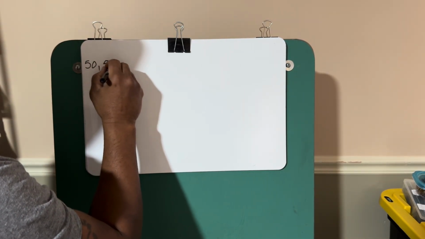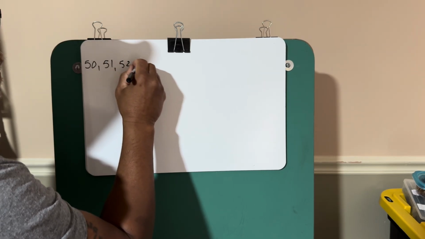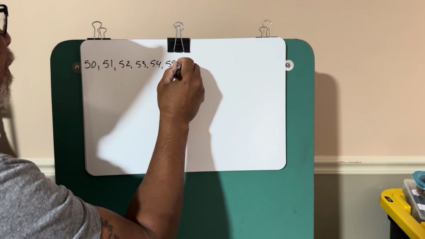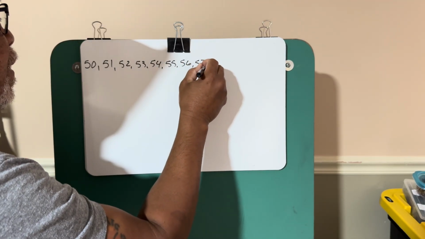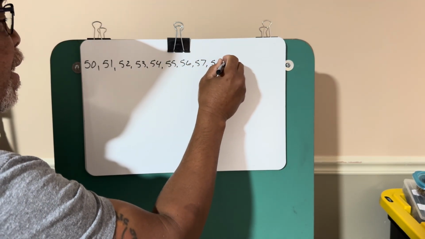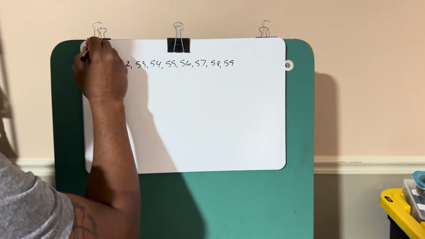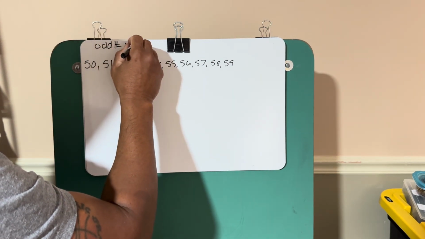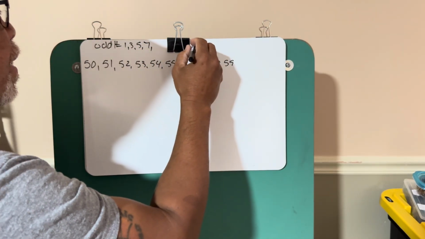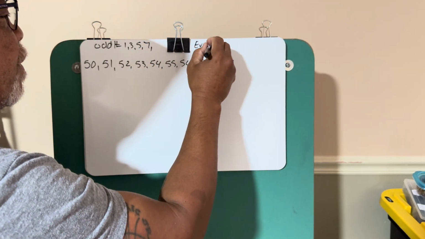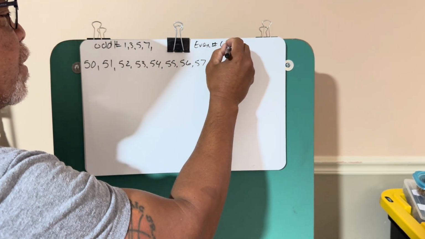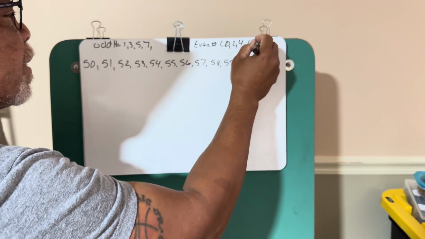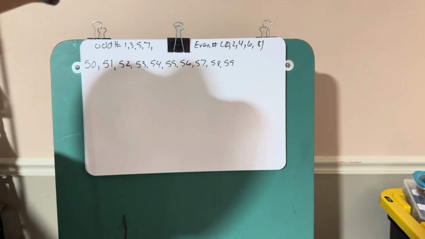Now we're going to go 50, 51, 52, 53, 54, 55, 56, 57, 58, 59. Remember our odd numbers 1, 3, 5, 7, and our even numbers 0, 2, 4, 6, and 8.